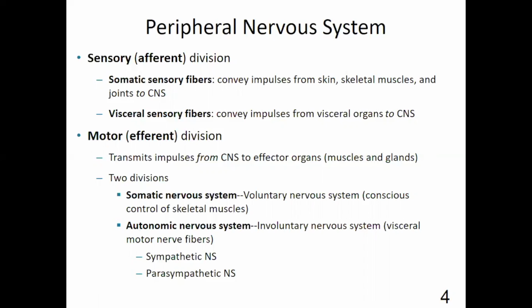So we don't control the autonomic nervous system. Autonomic sounds like the word automatic. So autonomic nervous system automatically happens. We don't consciously control it. The autonomic nervous system includes the sympathetic and parasympathetic nervous systems.